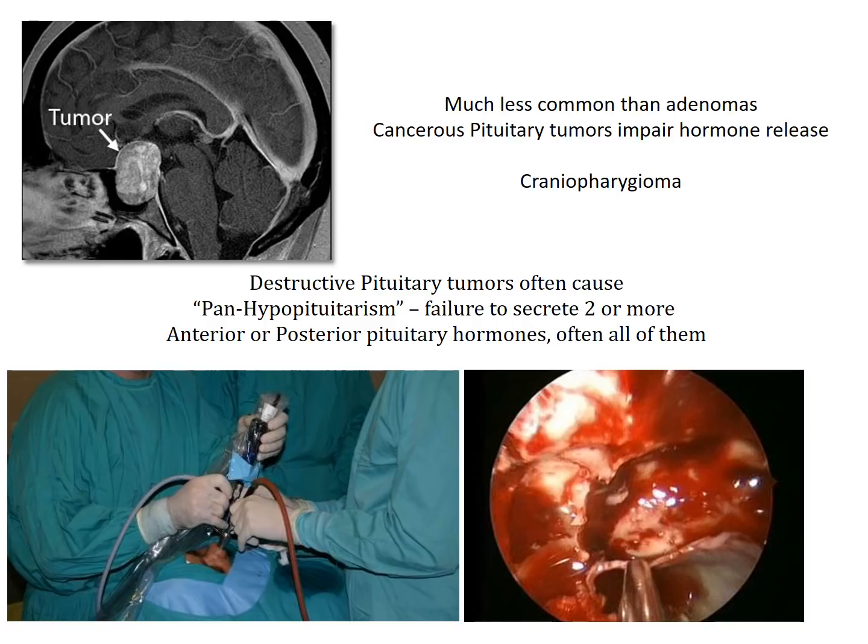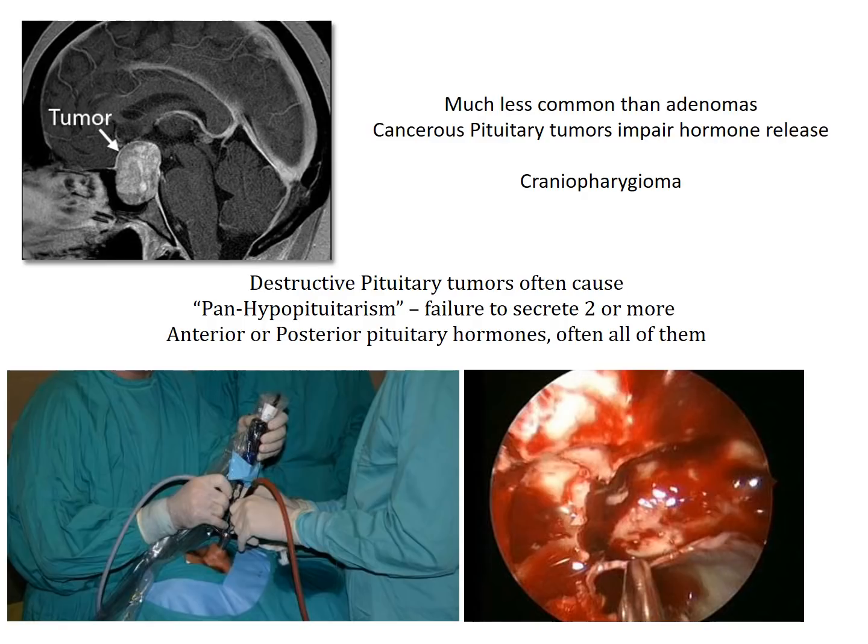All right, so the cancerous tumor of the pituitary gland can cause the neurologic symptoms of elevated intracranial pressure, but where the adenoma is releasing one hormone, the cancerous tumor is destroying the pituitary's ability to release all of the hormones.